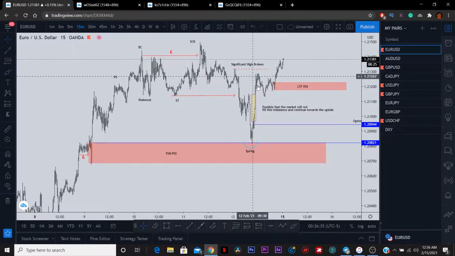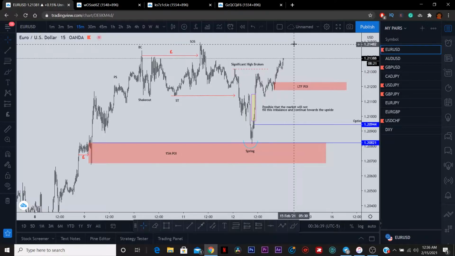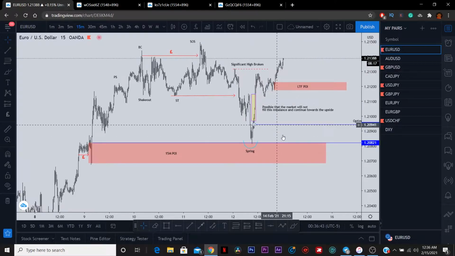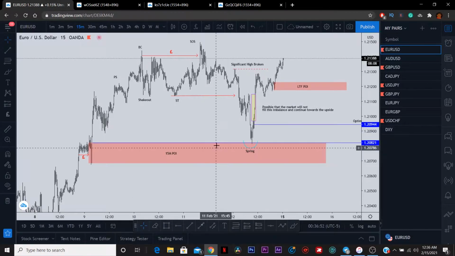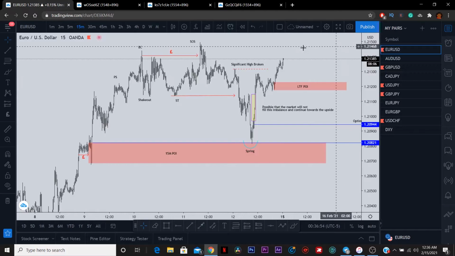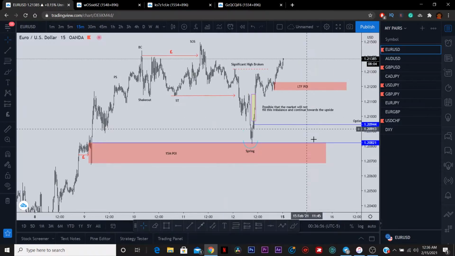Since we broke this high right here, we're in a reaccumulation, with this being the spring. So what I did was, I said, okay, this entry would have played out if I would have kept looking at this market. Let's see if I would have caught a lower time frame entry with a better risk to reward, and that's exactly what I did.